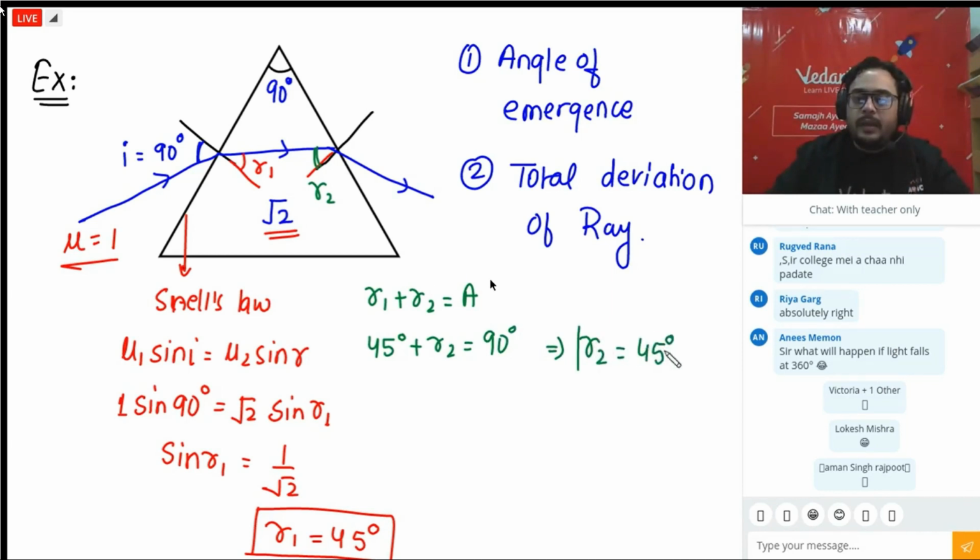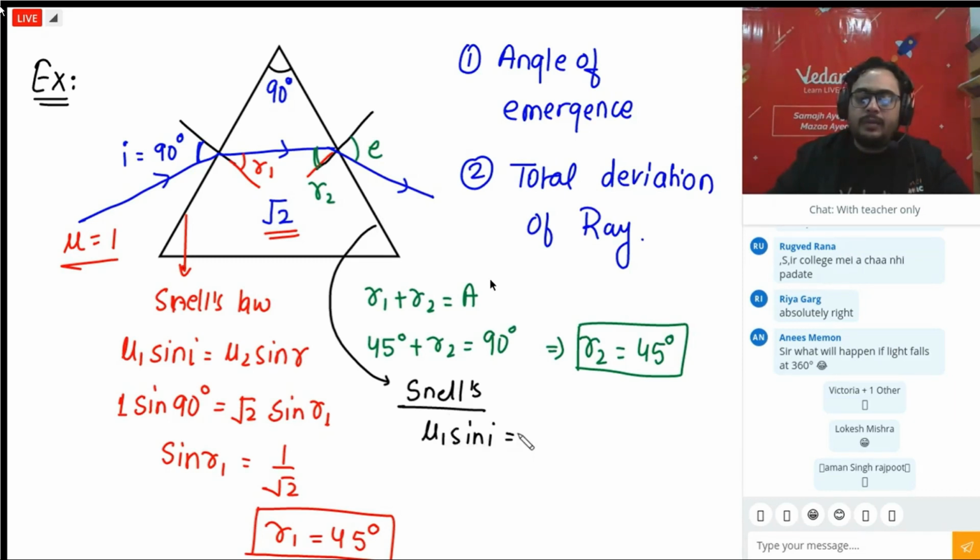Now I have to calculate this angle of emergence E. So I will apply Snell's law on this surface. Again you will say mu1 sin I is mu2 sin R. This time the angle of incidence is in the medium root 2.